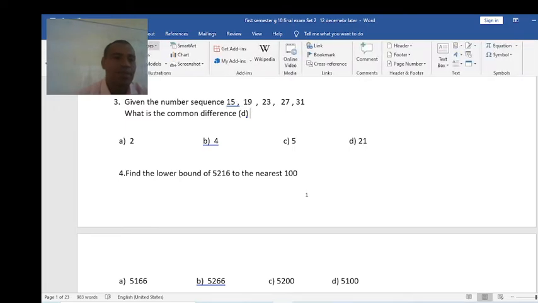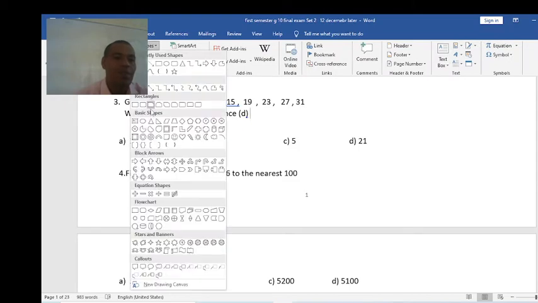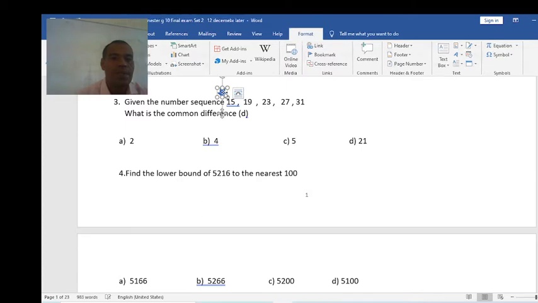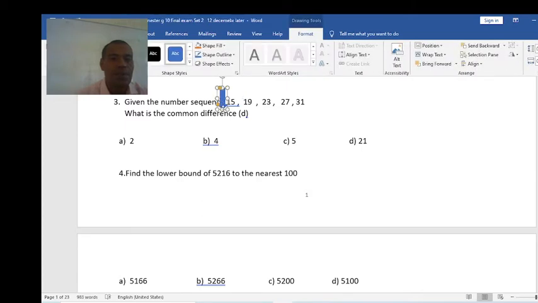Means between 15 and 19. 19 minus 15 is 4. 23 minus 19 is 4. 27 minus 23 is 4. And the fifth term, 31 minus 27, is 4.